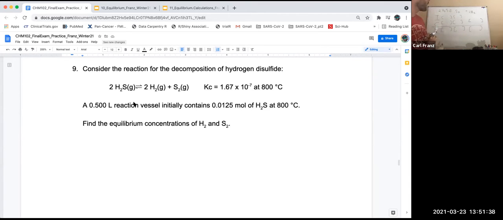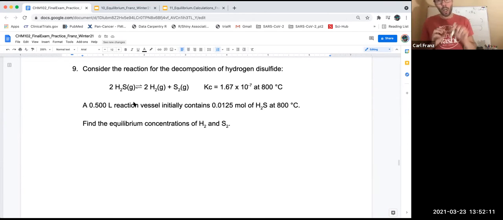There we go. Okay. And they give us a KC that's equal to 1.67 times 10 to the negative 7. And in this case, the temperature doesn't matter. I mean, it matters, but we don't need to factor it in. All we know is that the temperature is staying the same, so we don't need to factor in temperature as a variable.